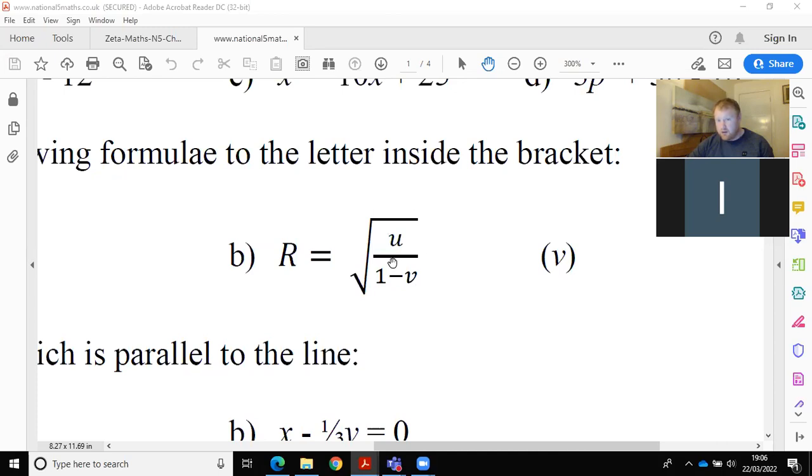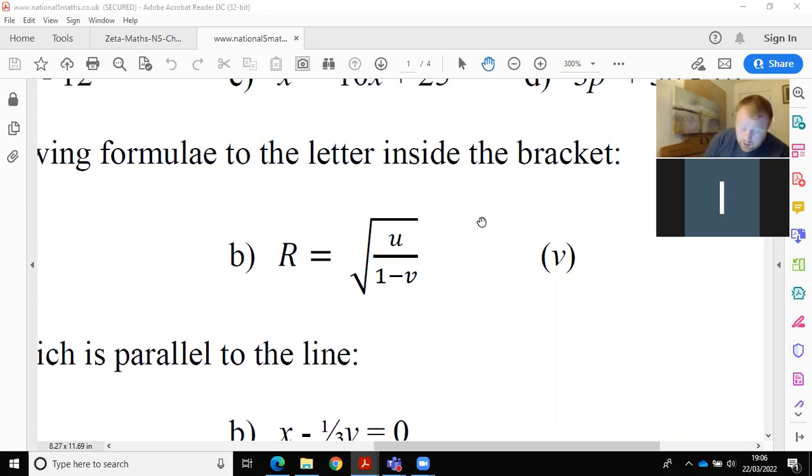Everything under that root is contained until we remove it. It's not in a bracket, but if it's underneath the root like that, everything underneath is contained by that root until we get it away. So we need to remove that root to allow us to work on the right hand side.